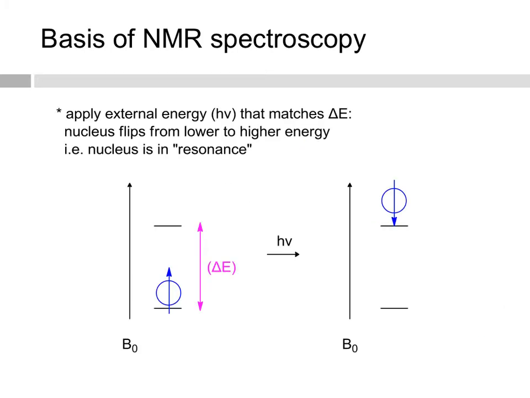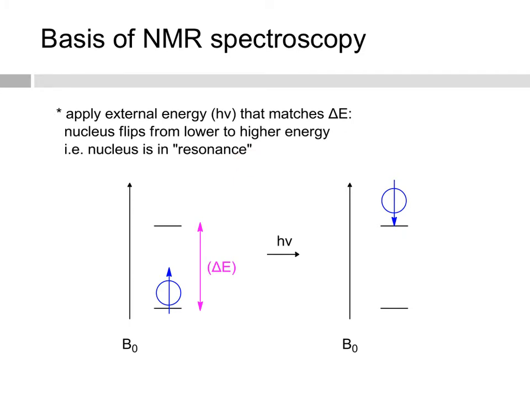The difference between the low energy state, when the nucleus is aligned with the field, and the high energy state, when the nucleus is aligned against the field, is denoted as delta E. In an NMR instrument, we apply an external field, B0, and then we apply an external energy to match delta E. This gives the nucleus enough energy to flip from the lower energy state to the higher energy state, and we say that the nucleus is in resonance.